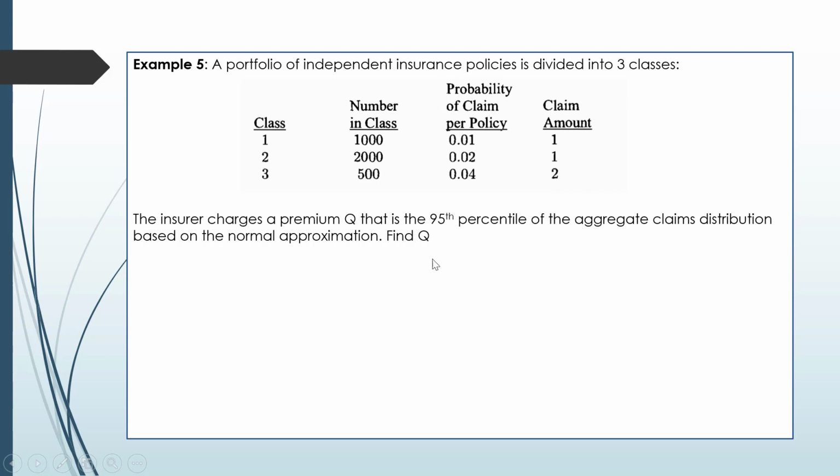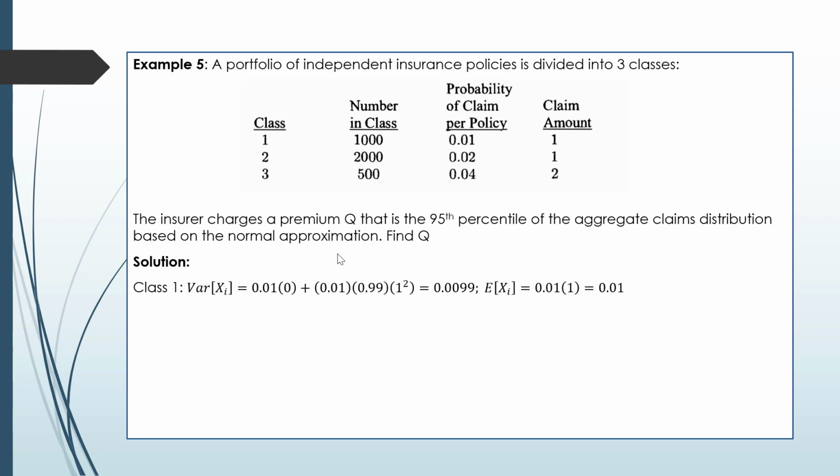The question asks for the 95 percentile. So first we need to find the distribution of Q. Here the aggregate claims follow normal distribution, so we need to find the expected value of the aggregate claims and the variance.